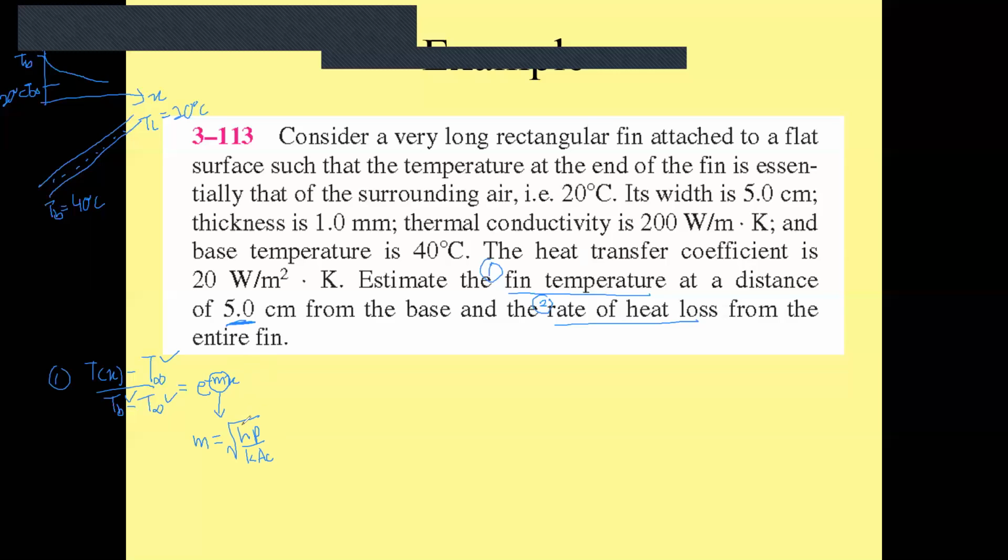P is the perimeter. So how do you find P? It's stated here, it's rectangular, so this is 5 centimeters and the thickness is 1 millimeter. The perimeter is these two sides, 1 millimeter plus 1 millimeter plus 5 centimeters plus 5 centimeters.